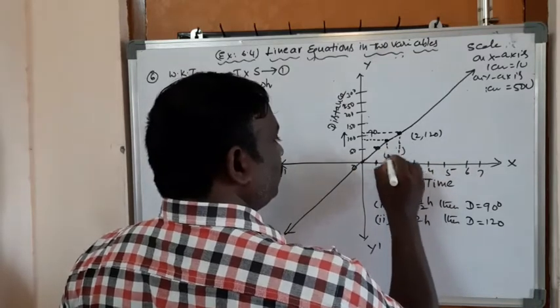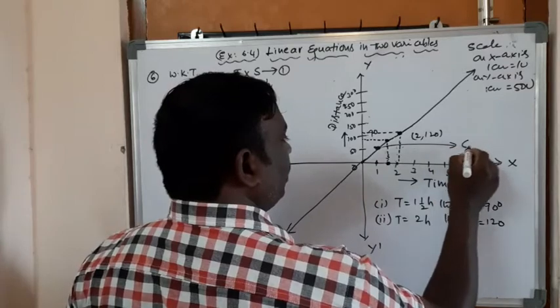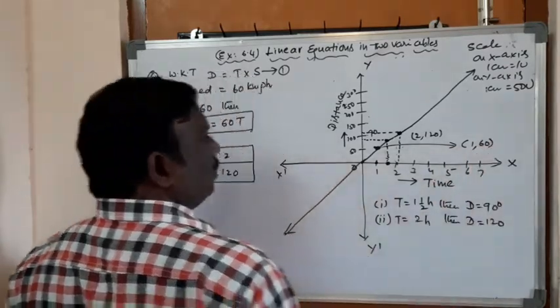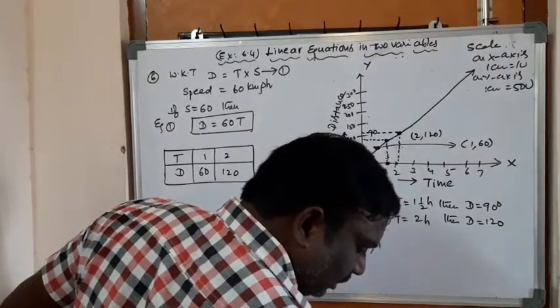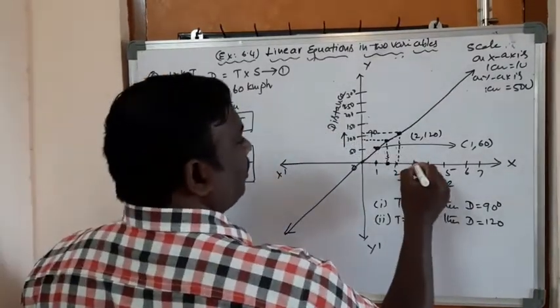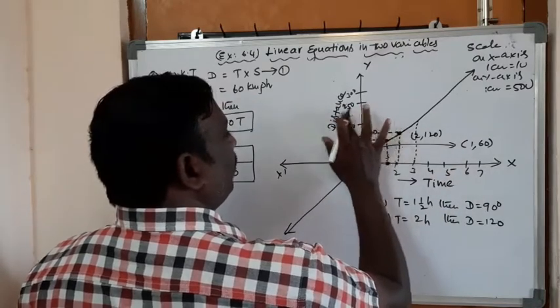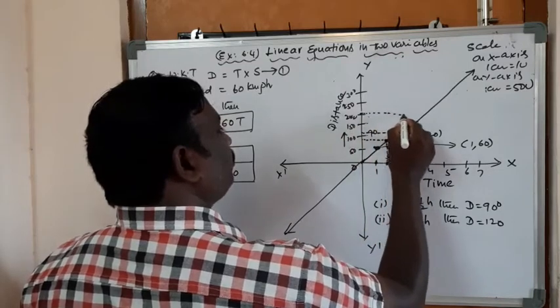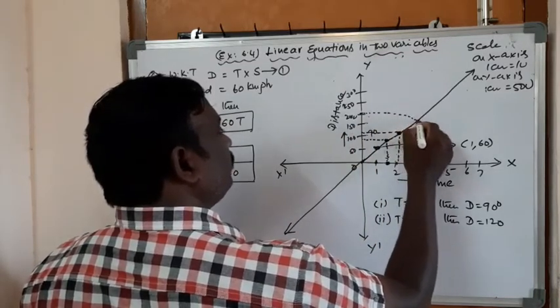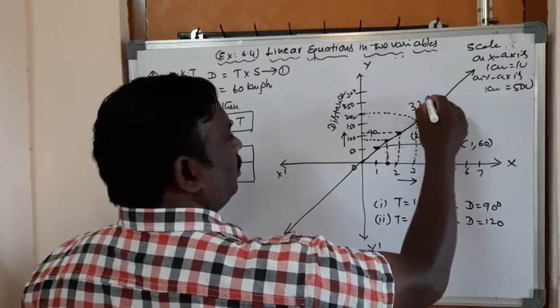This point 1, 60, I am writing here. Okay, 2, 120. When the time is 3 hours, see here, it will come like this, and approximately 200, 210 will come. So this is 3, 210.